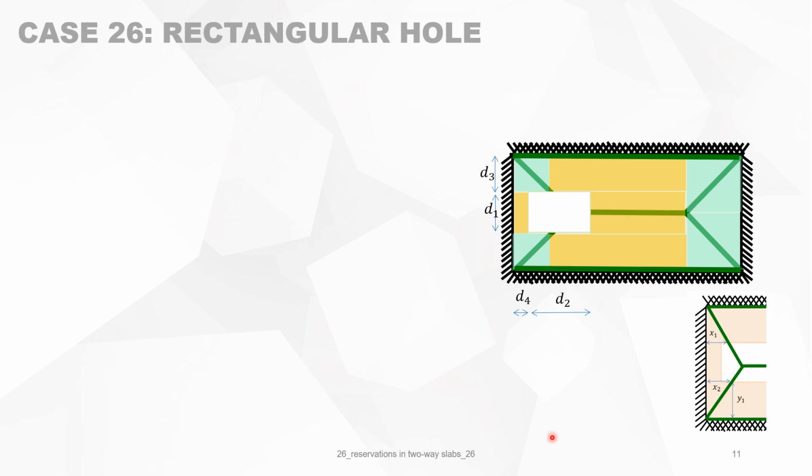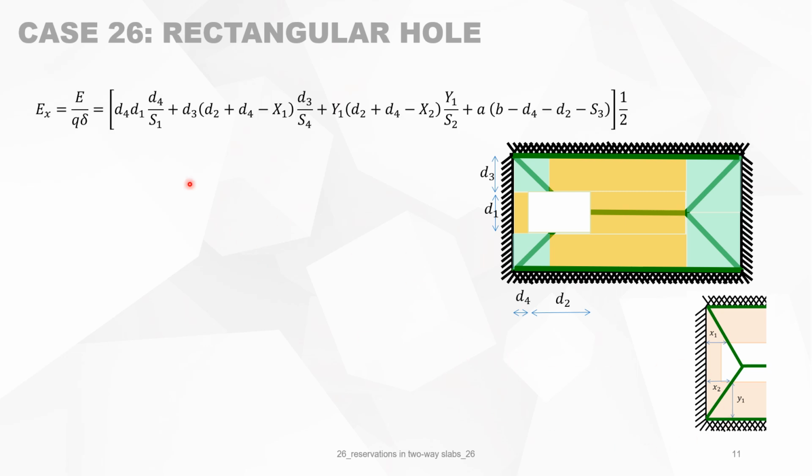Now we have all the parameters to calculate the work done by the external forces. First we start with the orange zones. This is the summation of all the rectangular portions.